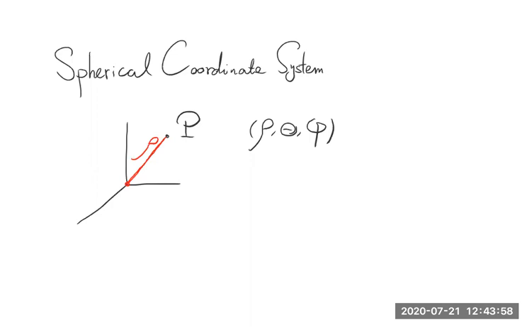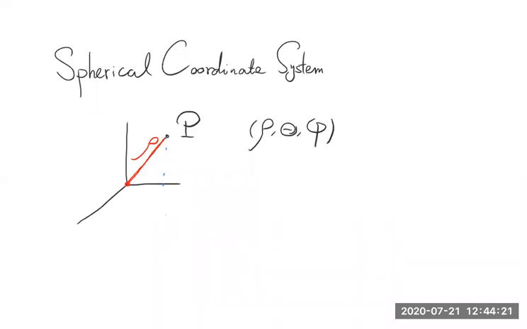Make sure that you are not going to confuse rho with R. R was something else. If we look at the shadow of P on the XY plane, R was the distance of that point to the origin. But rho is the distance of the point itself to the origin, not the distance of its shadow.